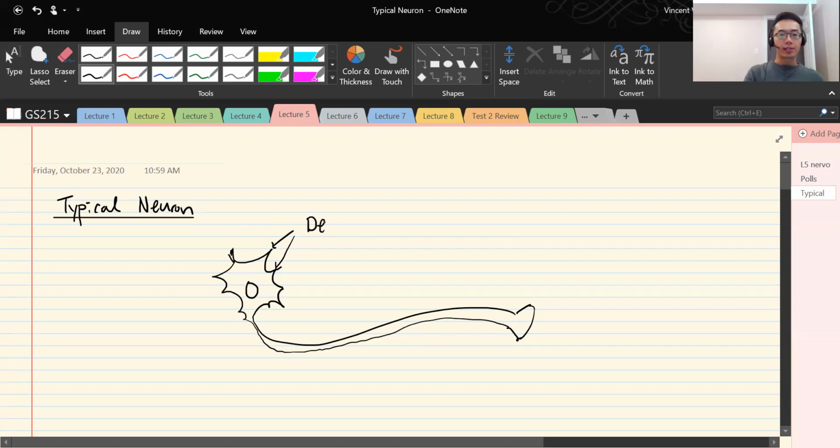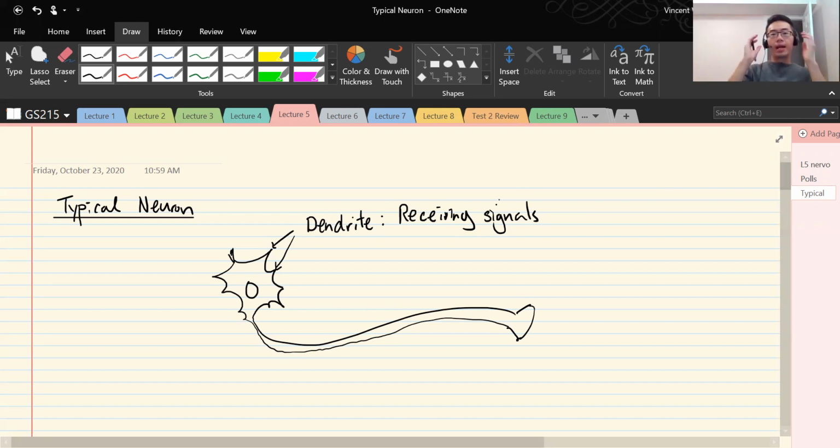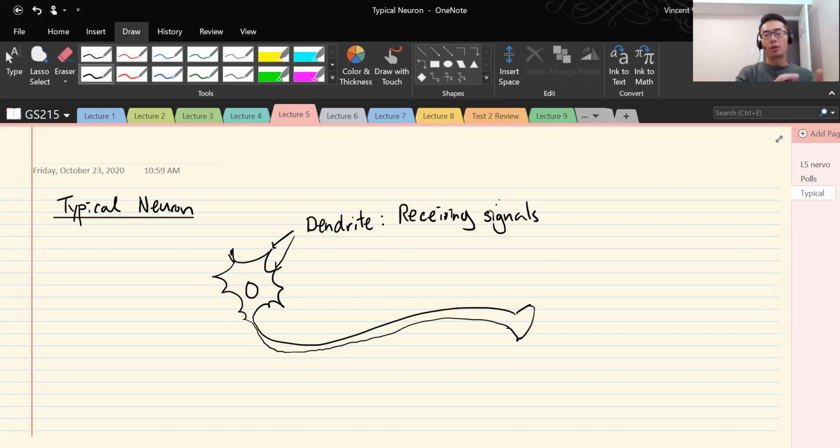So these are dendrites. Okay, so dendrites, they are responsible for receiving signals. Now, these signals can be, and usually they are, from another neuron. Okay, so one neuron passes the information to the next, but it doesn't have to be. Right?